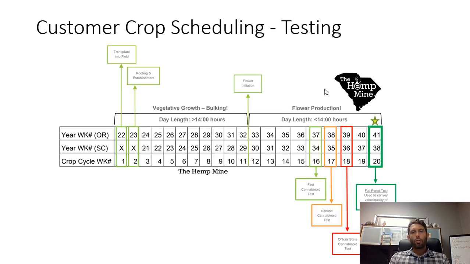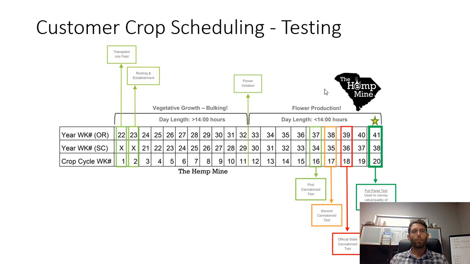We work very closely with a lab partner, Kacha Labs, and with them we are able to offer our customers discounts on cannabinoid tests, because we do recommend that you take quite a few throughout the flower development production stage of your crop cycle.